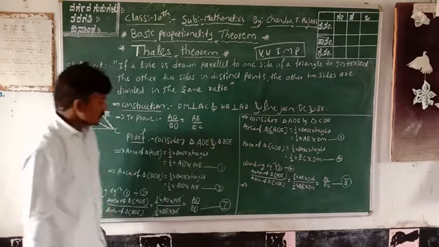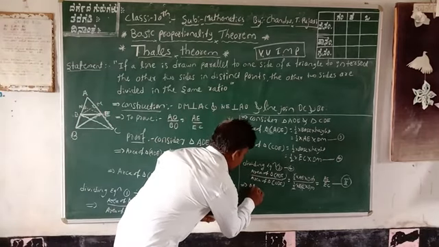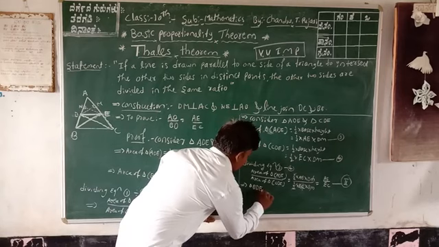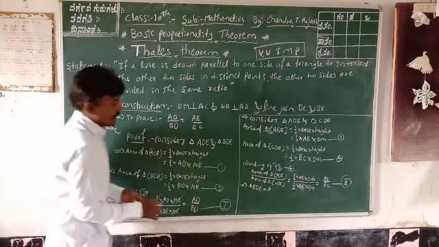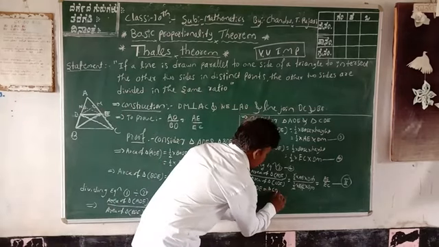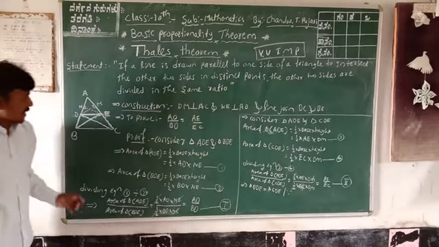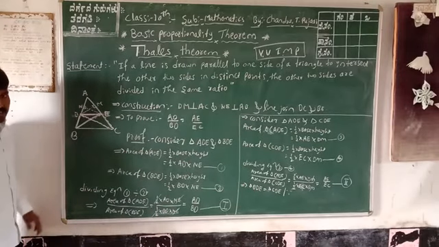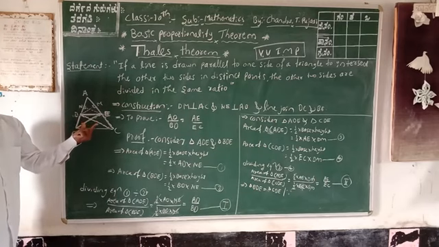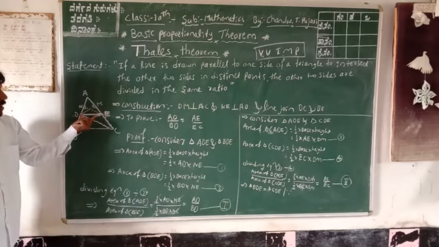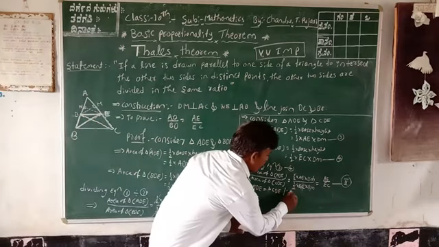Therefore, triangle BDE is equal to triangle CDE. Why? Because, as in your 9th standard, when two triangles are on the same common base, these two triangles are equal.